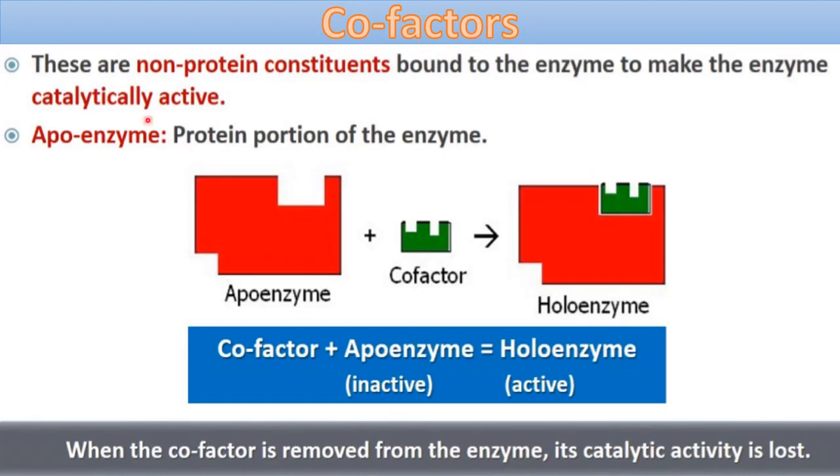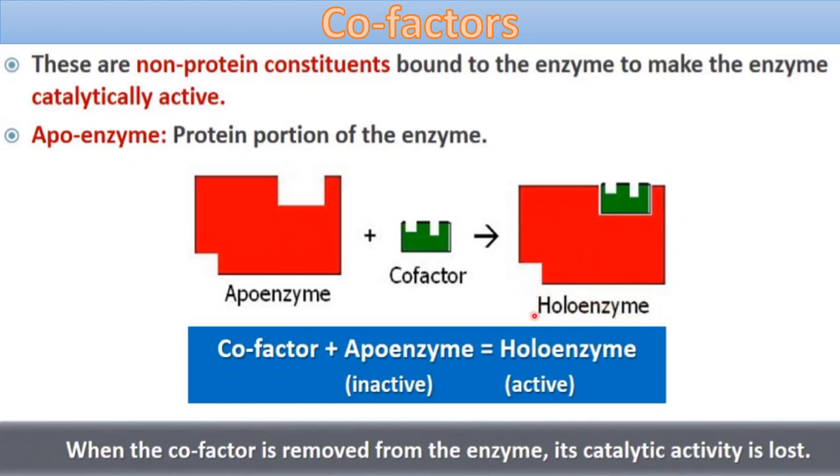Now let's see what is an apoenzyme. Apoenzyme is the protein portion of the enzyme, because the complete enzyme we will say is the enzyme with its non-proteinaceous part. As you can see here, this is an apoenzyme, the protein portion of the enzyme, and when it gets bound with this cofactor, the non-protein part of the enzyme, the complete structure is called a holoenzyme, and this holoenzyme is catalytically active.